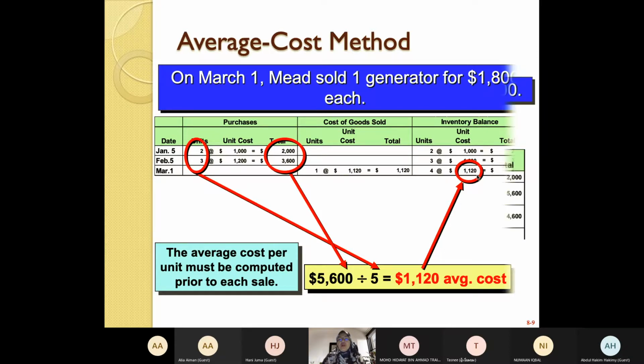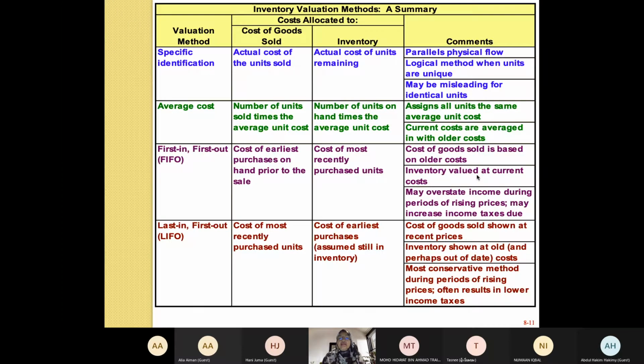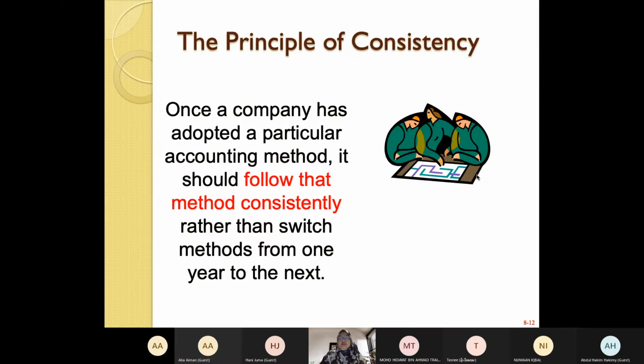So this is what we call the accounting inventory valuation methods. All right, because you want to value your cost of goods sold and your closing inventory, right? The principle of consistency says that for a company that adopted an accounting method, whether you adopt average or specific or FIFO or LIFO, you must follow that method consistently.